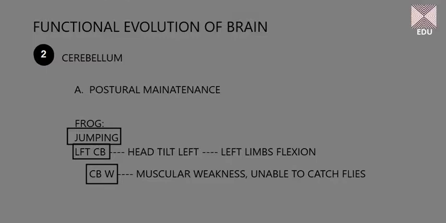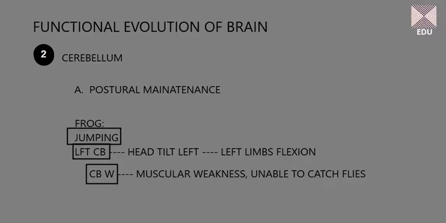So the frog is unable to catch the fly with the tongue, because a normal frog is highly efficient in catching the flies. It can precisely find out the exact position of the fly.